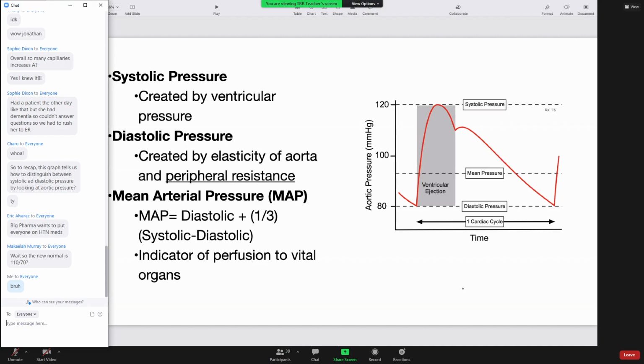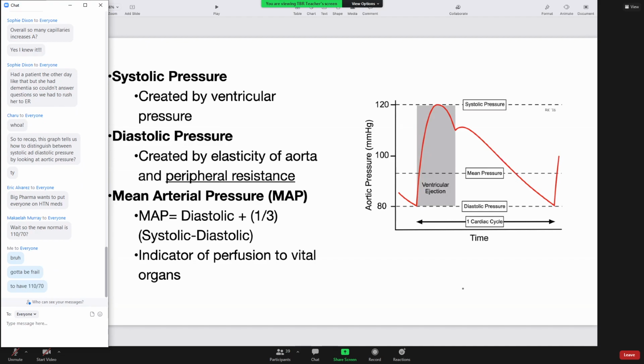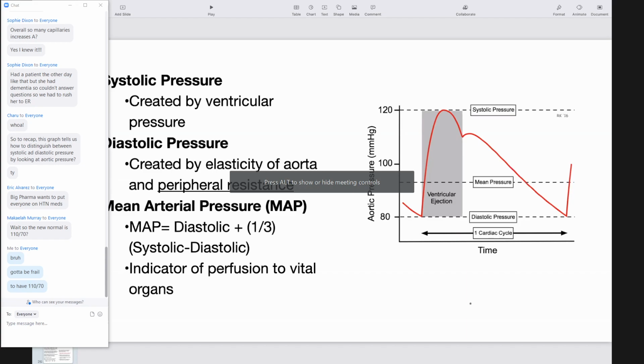Some people naturally have a systolic in the 90s, which is quite insane, like 90 over 60, which is low. For them, it could be baseline. If you have too low of blood pressure, it can lead to hypotension.